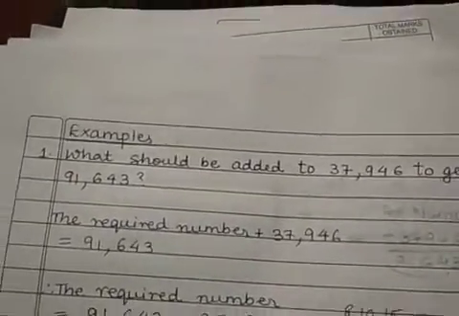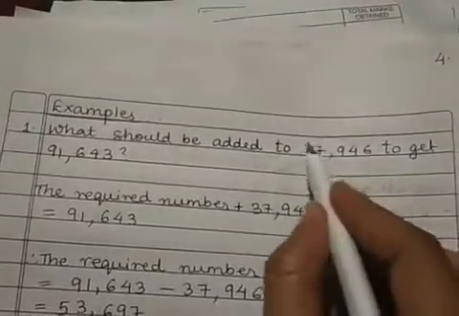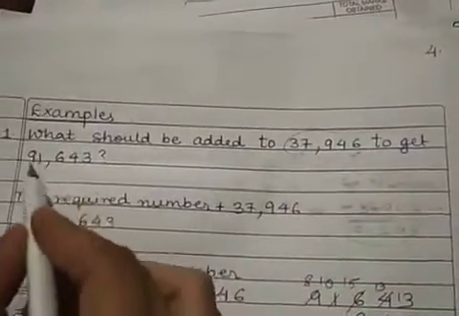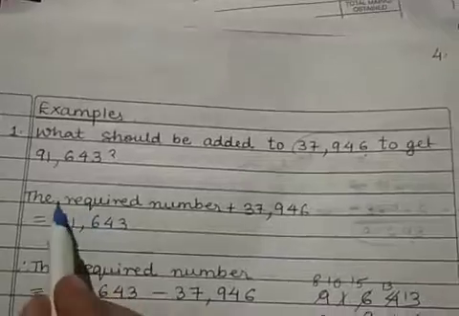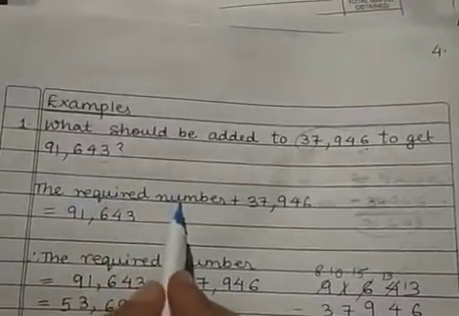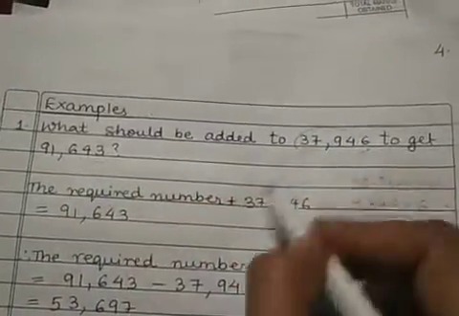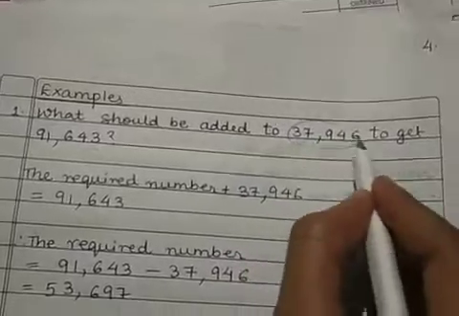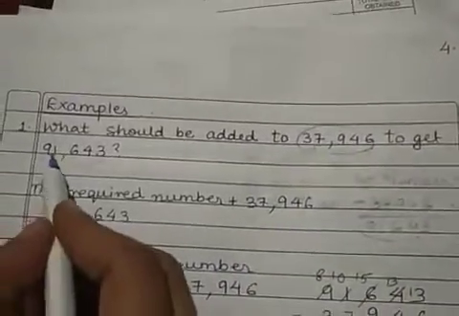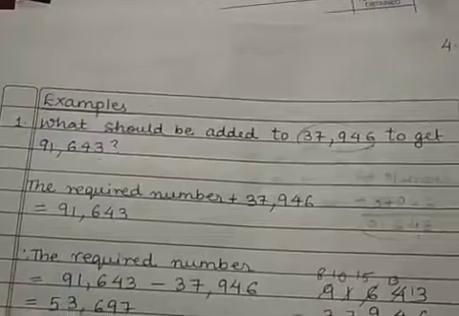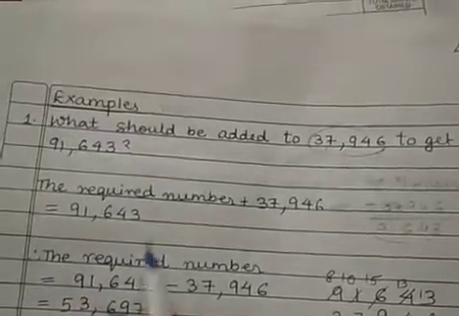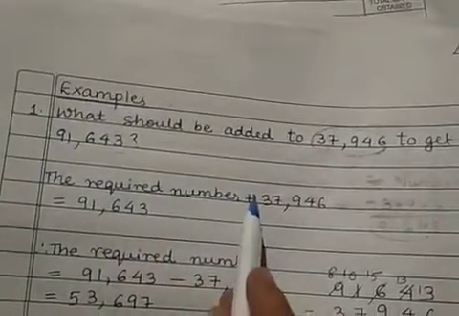So here they are asking which number should be added to this so that you get this number. So this means the required number plus this number should give me 91,643.